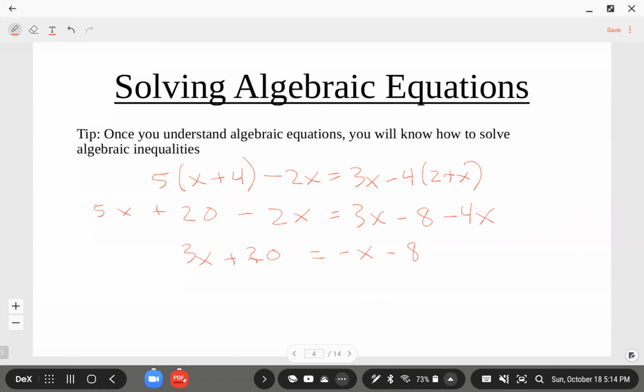And then, 4x equals negative 28. Okay, x equals negative 7.